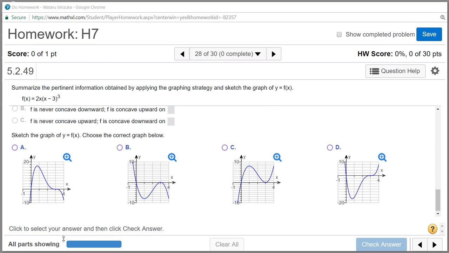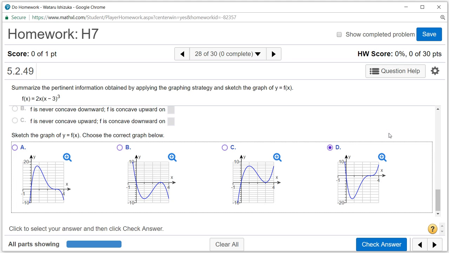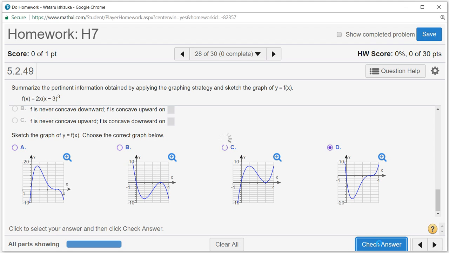This one starts out increasing, so decreasing, increasing, but decreasing here. So this is not going to be it. It's not even decreasing. So this one: decreasing, increasing, increasing. So we didn't even have to look at the second derivative. D is the correct answer. Let's check the answer.